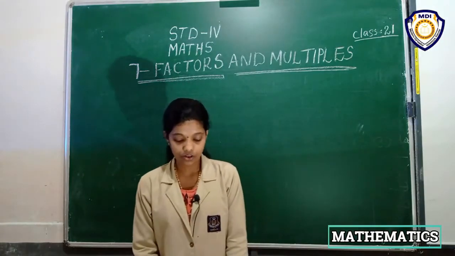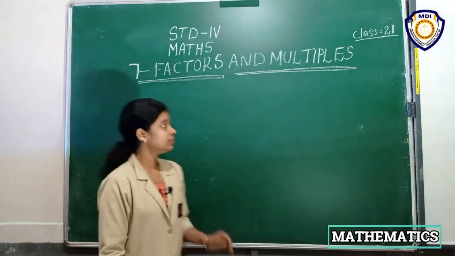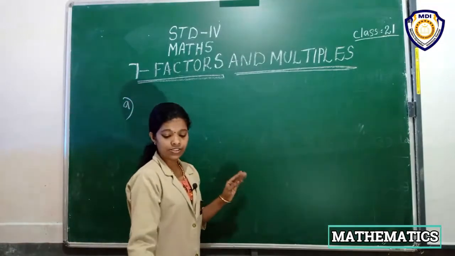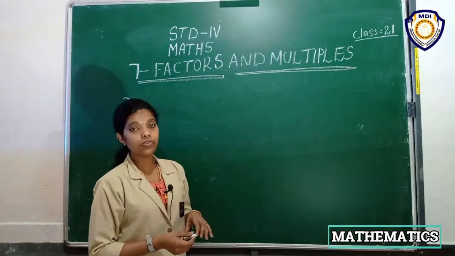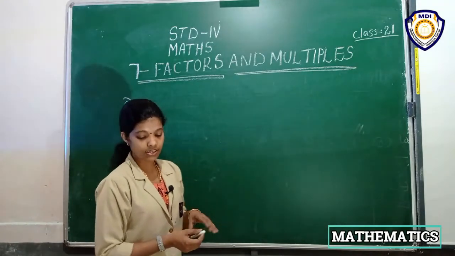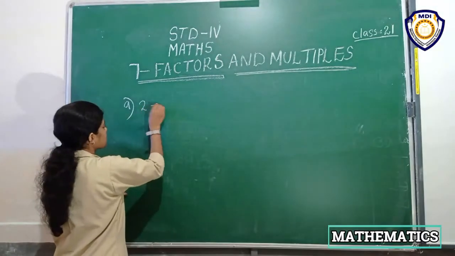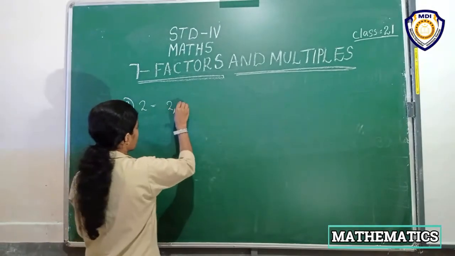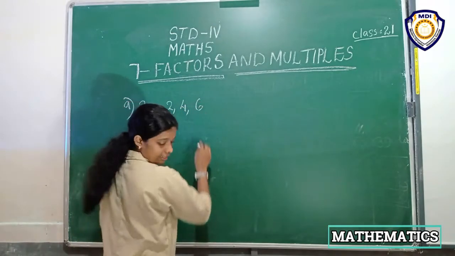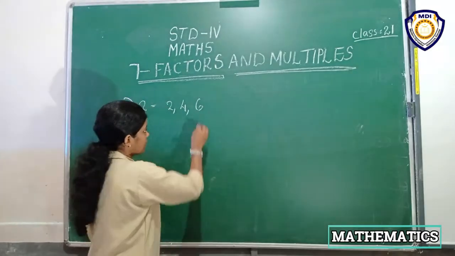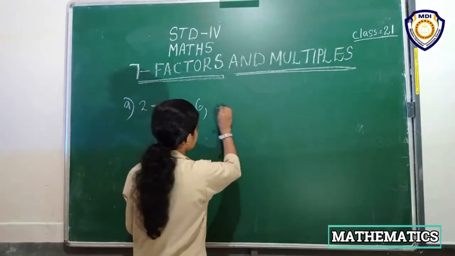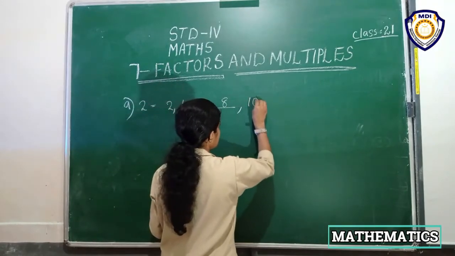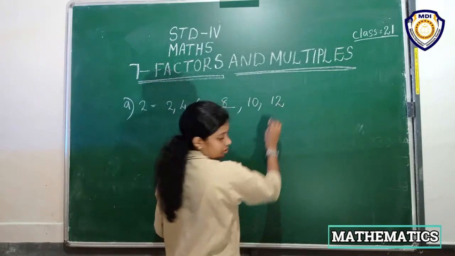A. Counting twos: 2, 4, 6. Next number is 8, then 10 and 12.